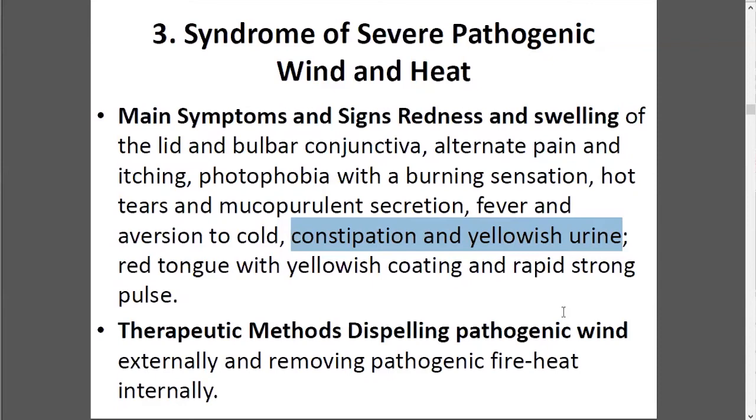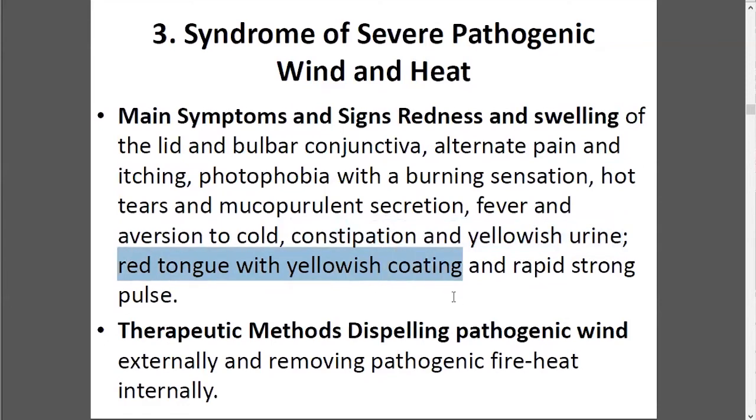And red tongue, yellow tongue coating, we say still internal heat, and a rapid, stronger pulse, still internal heat. So mainly the pattern has gone to internal heat already. It is possible it started from external wind heat, and after some time it was not cured, and then the external heat changed into internal heat.